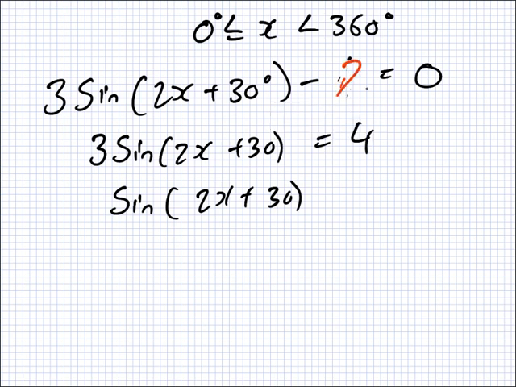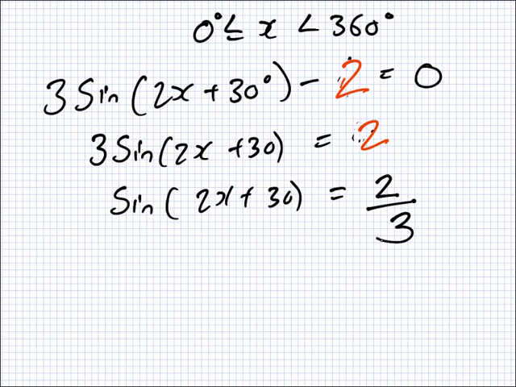Fine. So sine 2x plus 30 equals 2 over 3. What was the problem if I kept it as 4? Yeah, exactly. We tried to avoid those. Okay, so 2 over 3.